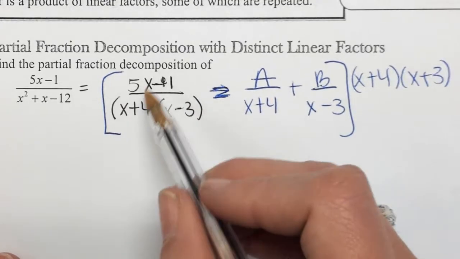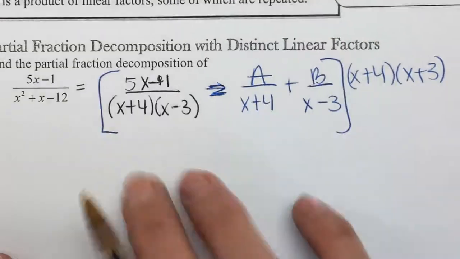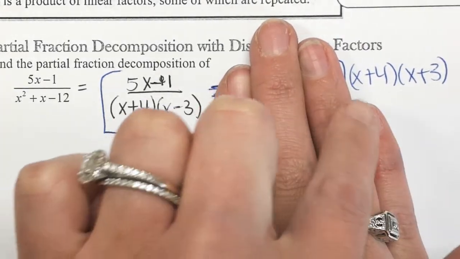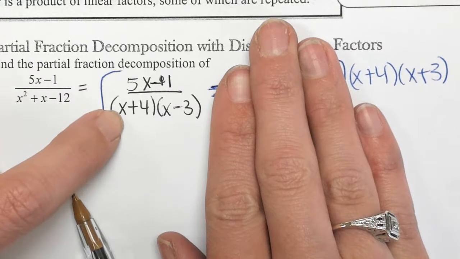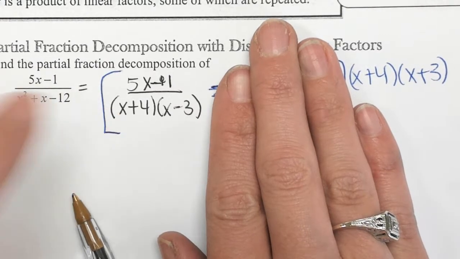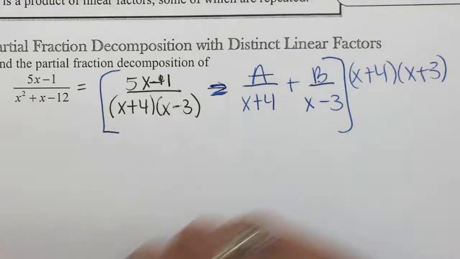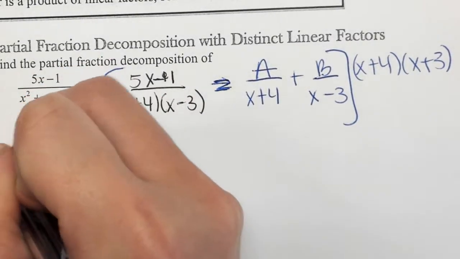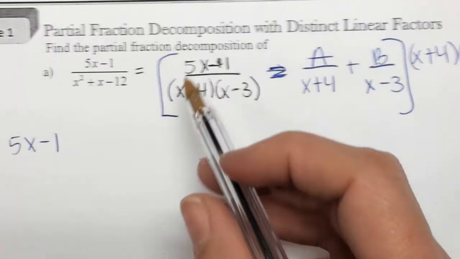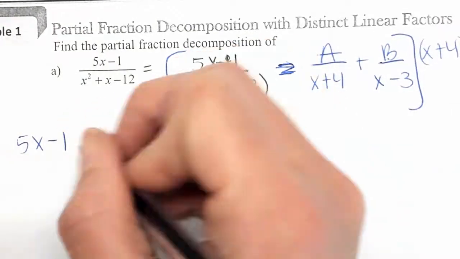Alright, looking at this side of the equal sign, ignoring this part, if I multiply this fraction by x plus 4, x minus 3 on top, and it has it on bottom, what's going to happen? Yes, and all you'll be left with is just the numerator, 5x minus 1. Again, these cancel out, you'll just be left with 5x minus 1.